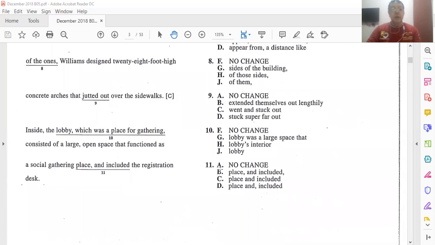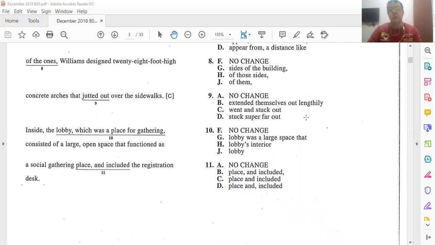Okay, moving on to number 9 now. So three sides of the building, 28-foot high concrete arches that jutted out over the sidewalks. So they jut out, or they jutted out. Should we say that, or should we say extended themselves out? The same meaning.